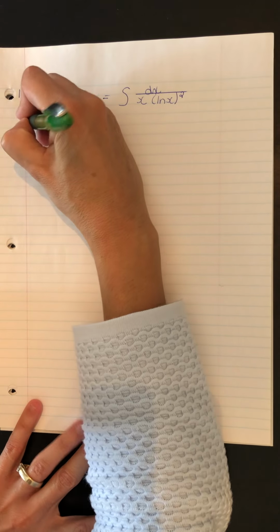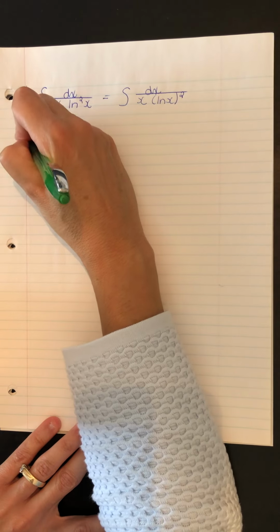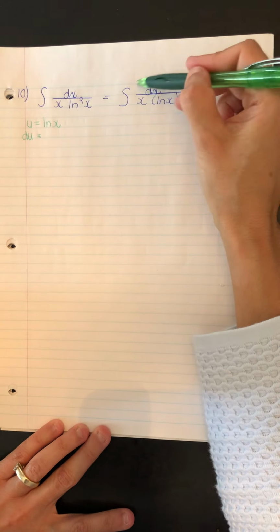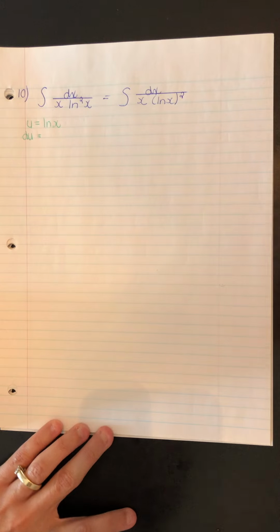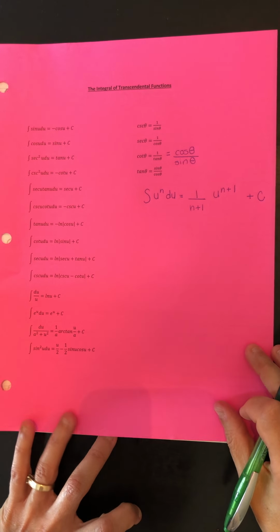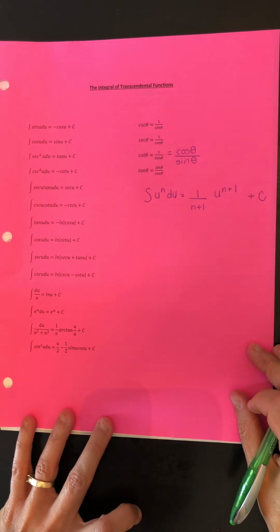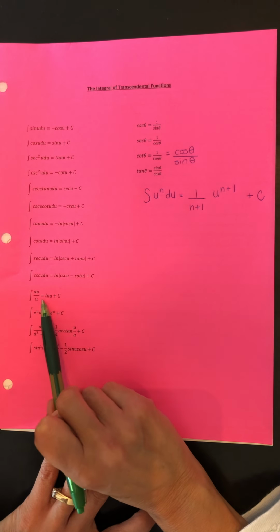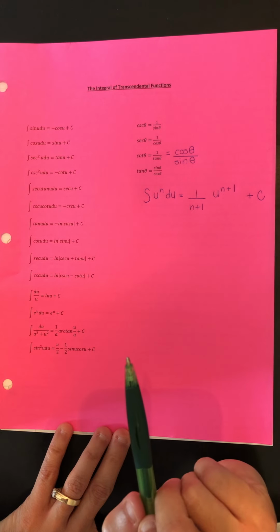So I think that strategy will work here as well. So let's see. If we call the ln of x our u, then we need to know the derivative of ln x and hope that it is present here. Okay, so the derivative of ln x, not its integral. So you have to find the derivative of ln u, which is 1 over u du.